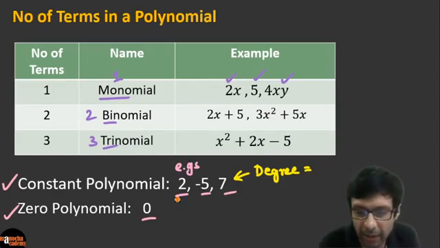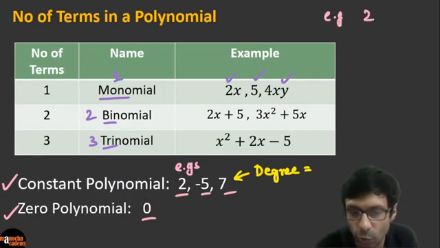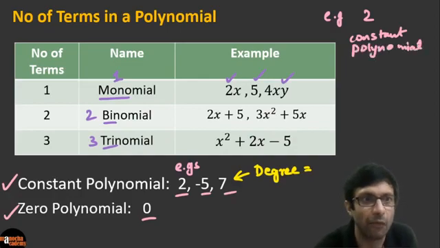Let's take the example 2, a constant polynomial. So for example, the number 2 is considered a constant polynomial because it's just a constant. Very good, a lot of you got the right answer.